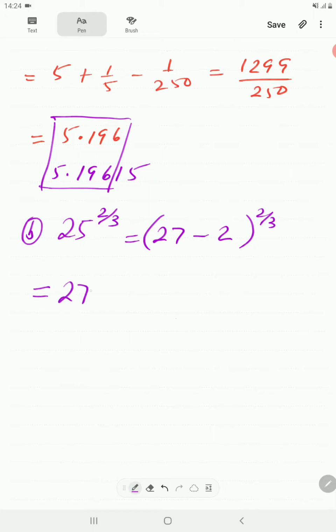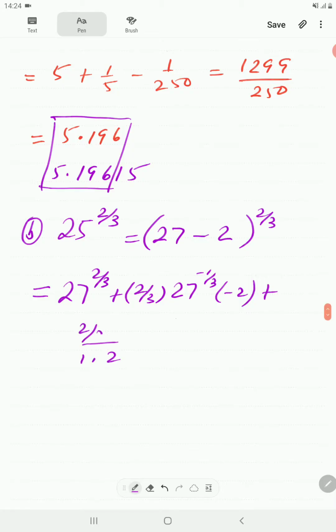So this time there's going to be 27 to the power 2/3, and then 2/3 times 27. 2/3 minus 1 is minus a third, and then times negative 2. In the next term, we've got 1 times 2 here, 2/3 and minus 1/3 in the numerator. 27 is now going to be to the power negative 4/3, and this squared.